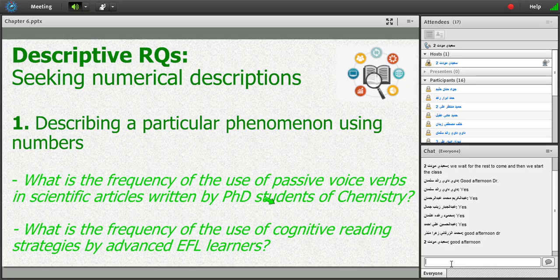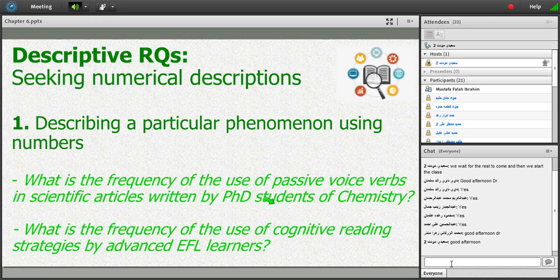I check the number of passive voice verbs in the scientific articles written by PhD students of chemistry so that I can understand whether I should teach PhD students of chemistry passive voice verbs, because when we want to teach the students some grammatical points, when they are, for example, PhD students of chemistry, we shouldn't start everything from scratch. We shouldn't start everything from the beginner level.